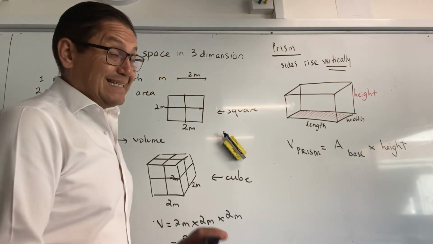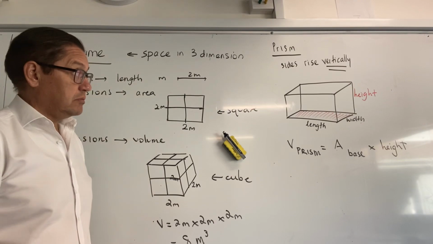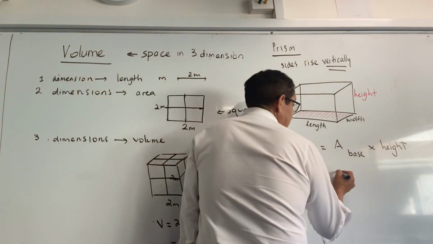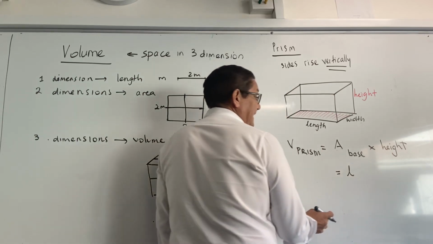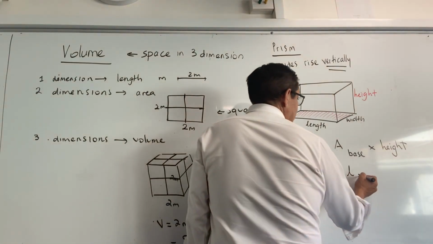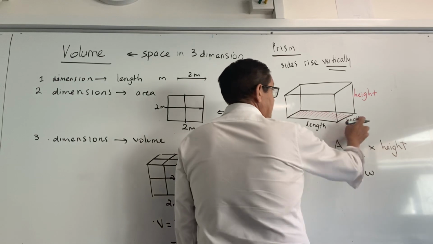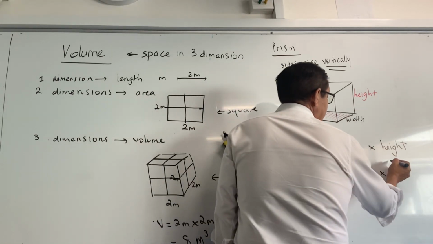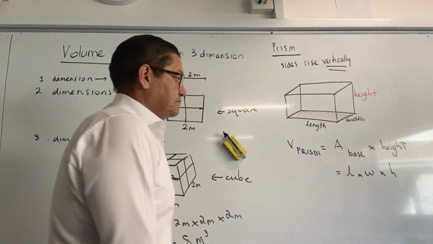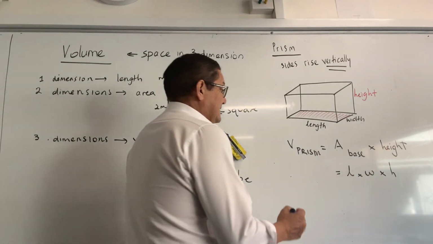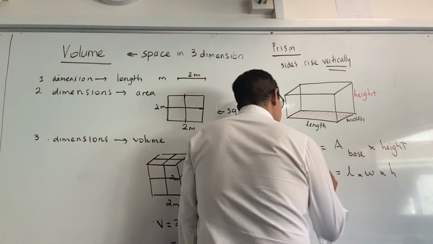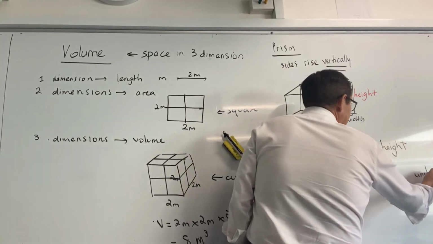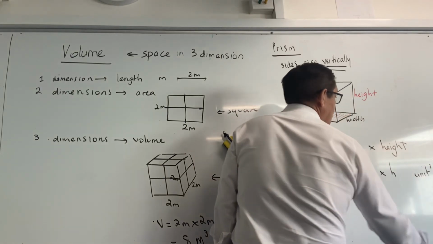Now the base is actually a rectangle. So the area of that is just going to be the length, that's an L, times the width. That would be the area of the base. And then times the height. And the answer is always, whatever the units are, cubed.